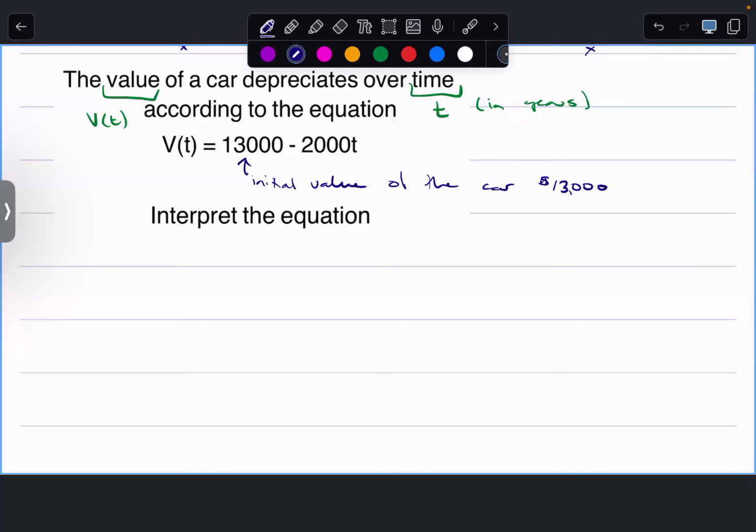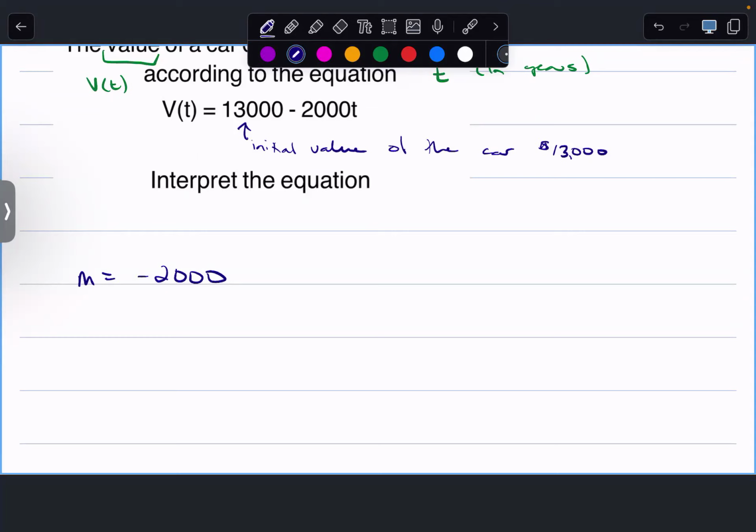Which means that for each additional t, the value is going to decrease by 2,000.